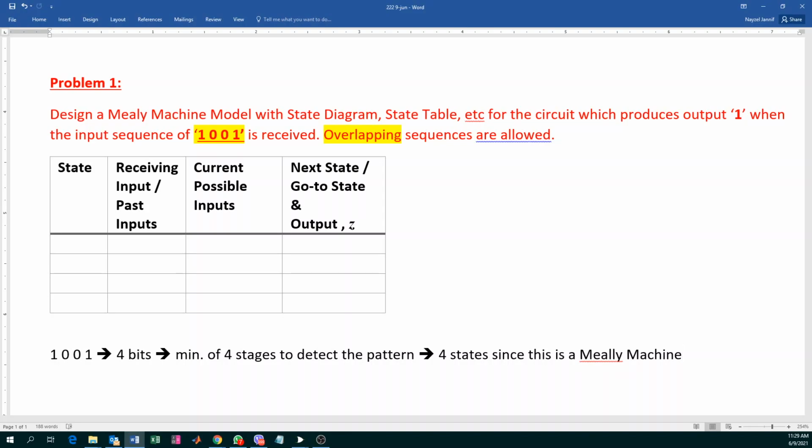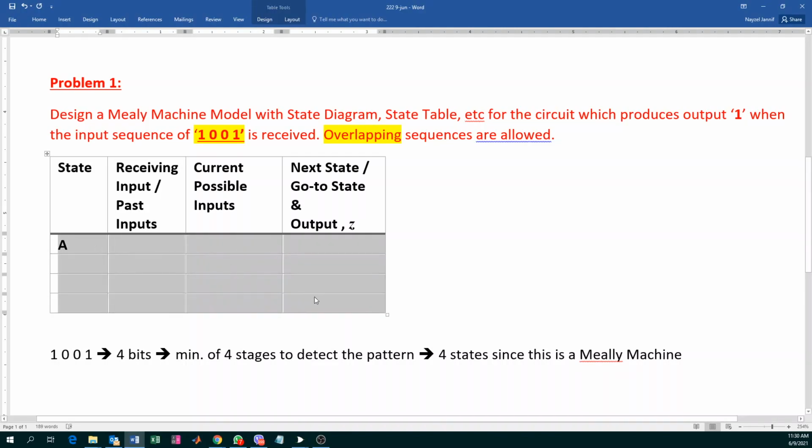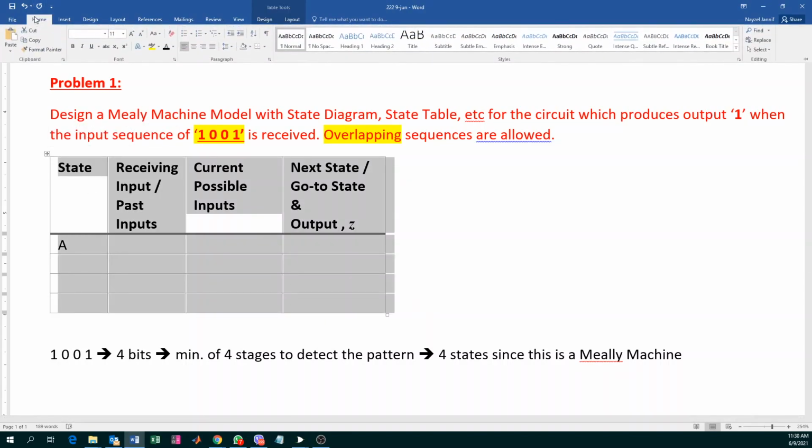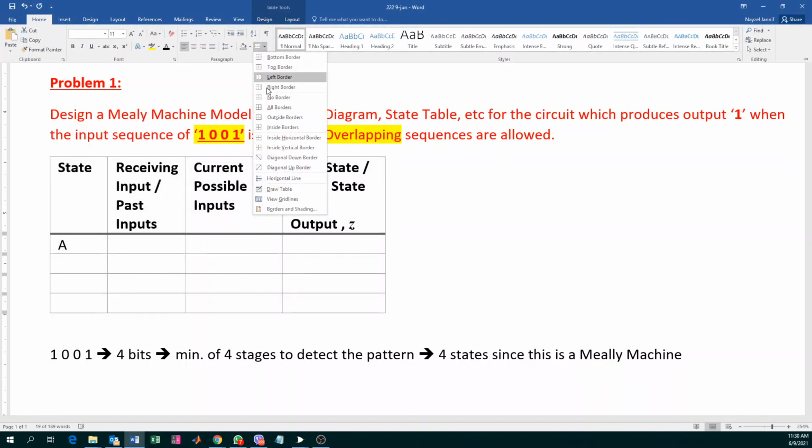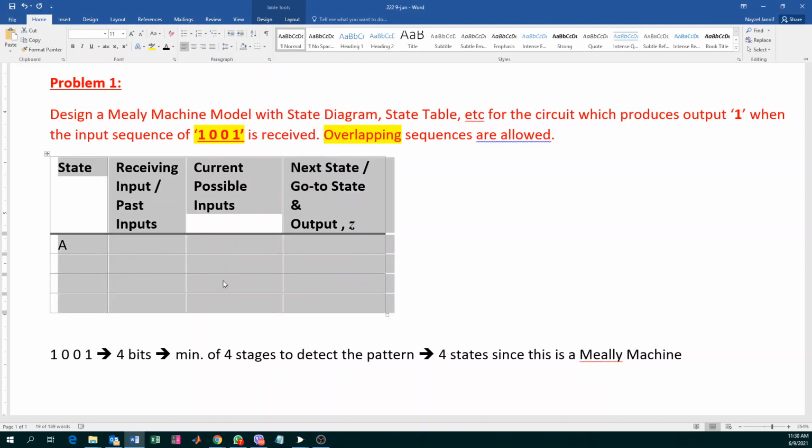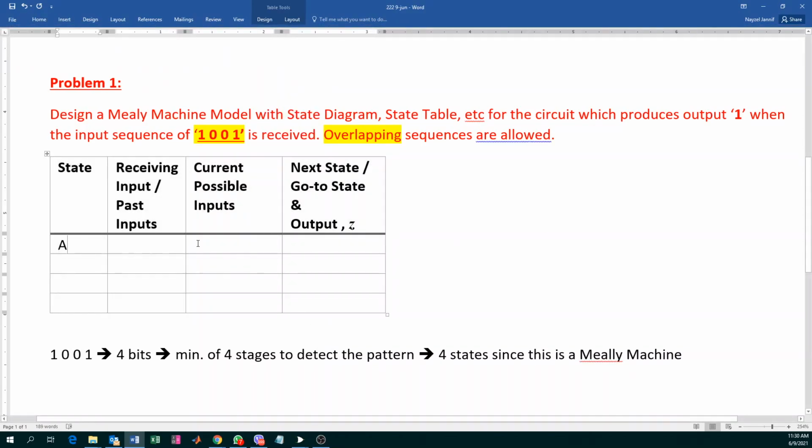Okay, let's start off with the first possible input. There are 4 states, so let's start off with state A. Now, what are the 2 possible inputs for state A?